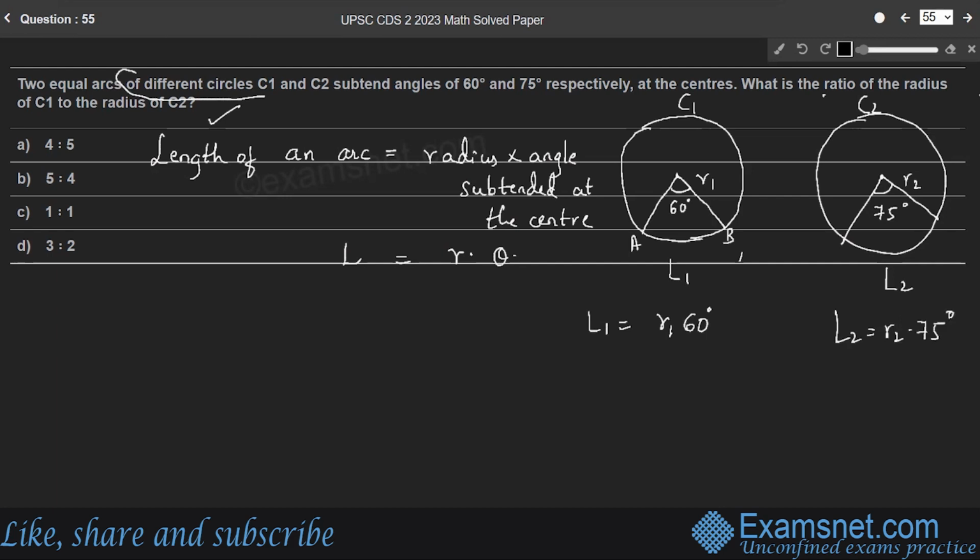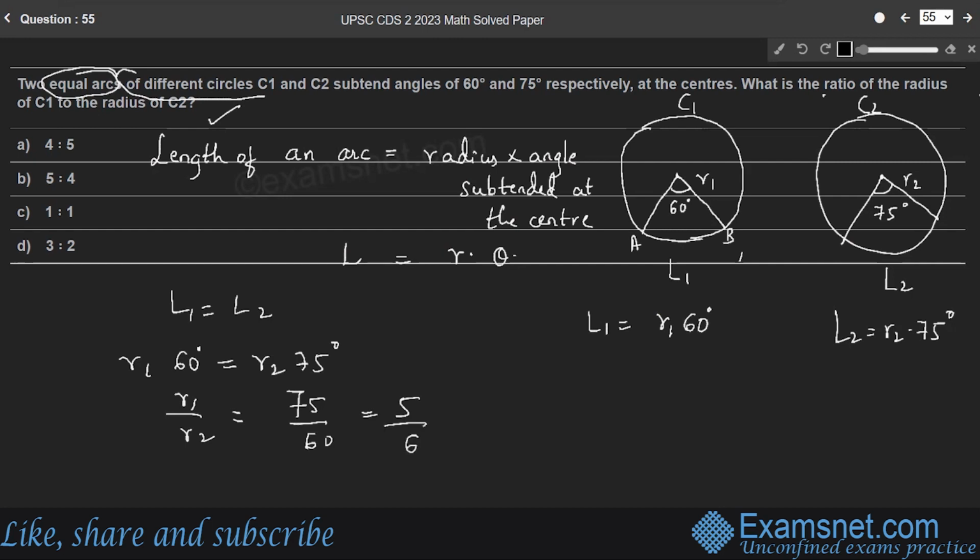It is given that the two arcs are equal, so L1 is equal to L2. Therefore, R1 into 60° is equal to R2 into 75°. We need the ratio of the radius of C1 to C2. So R1 by R2 is equal to 75 by 60. 15 into 5 is 75, 15 into 4 is 60. Therefore, 5 is to 4 is the ratio of their radii. So option B is the right answer.